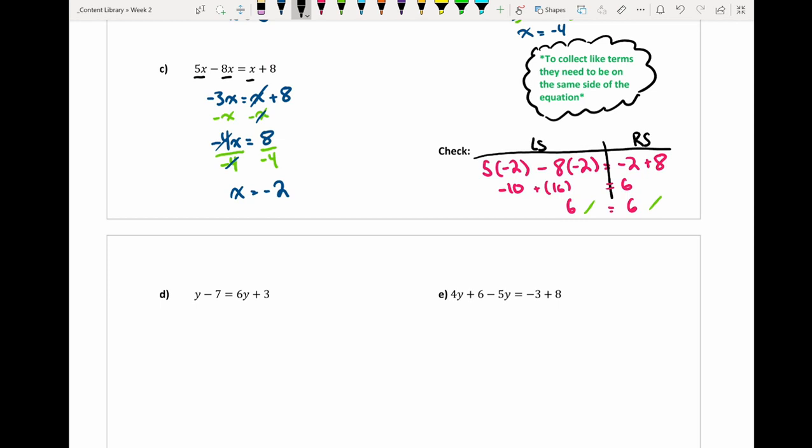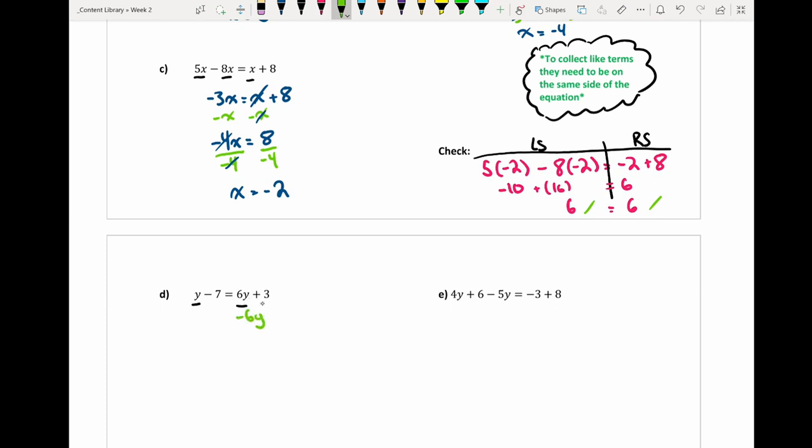D, y minus 7 equals 6y plus 3. So again, my variables are on the opposite sides. I have multiple variable terms or multiple variables. I need to get them together by getting them onto the same side. So I like having my variable on the right side or on the left side, so I'm going to move or need to move the 6y over or cancel it out from this side.